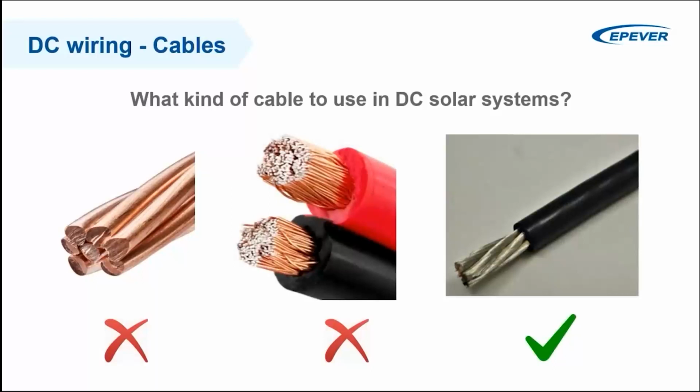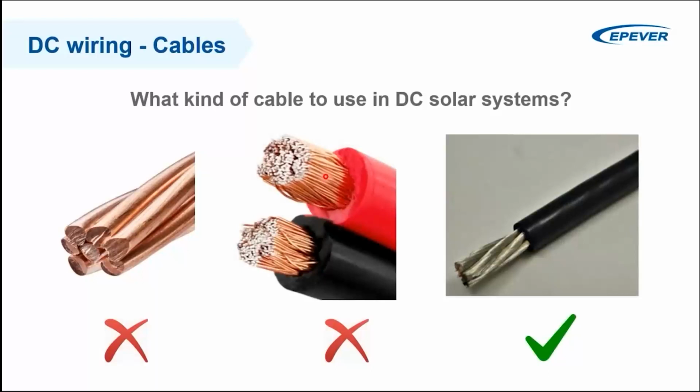And of course, this is not only a problem with using these kind of cables. Over time, due to the different levels of contraction between the copper and aluminum, because you are going to use lugs here, right? And the lugs are normally copper. They will have different contraction levels between each other. And this will lead to the cable strands being cut over time, an increase of the resistance and an increase of the temperature in the joints.